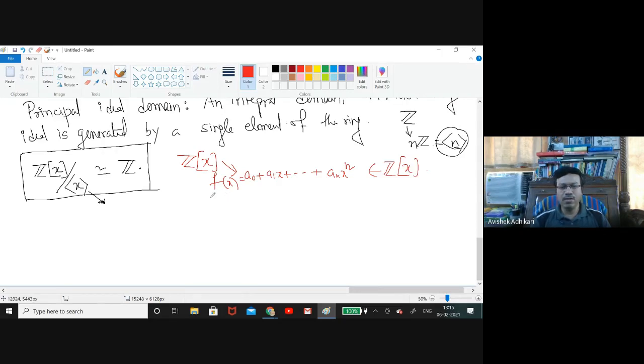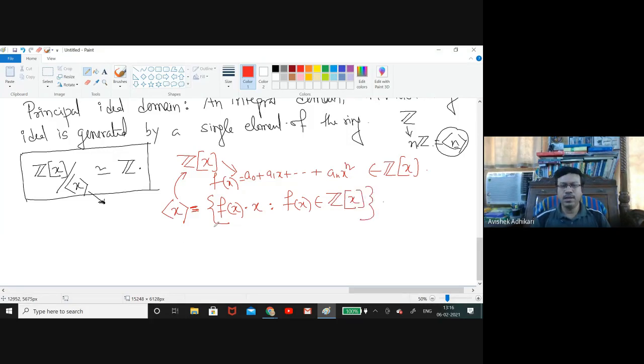Okay. Now can you please tell me, from the definition in this ring, what is the ideal generated by X? Just now we have seen that it should be R times X, where R should come from Z[x]. That means it should be a polynomial times X, such that this polynomial comes from Z[x].